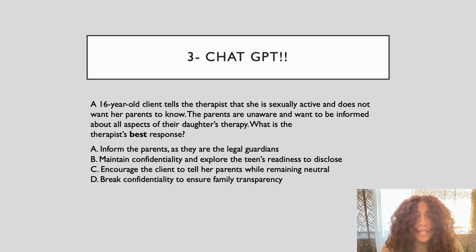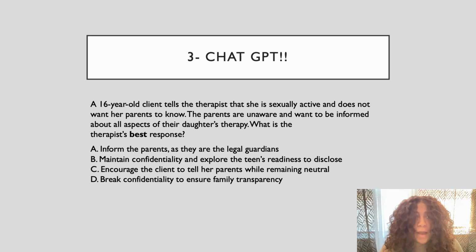So I would go back, and this is what I would do. She's 16 years old. I would highlight that. She's sexually active. She does not want her parents to know, right? But her parents also want to know all the aspects. And then I will also highlight best response, so I can keep in mind that this is a best response question, and I need to respond to what is going on in this vignette, right?